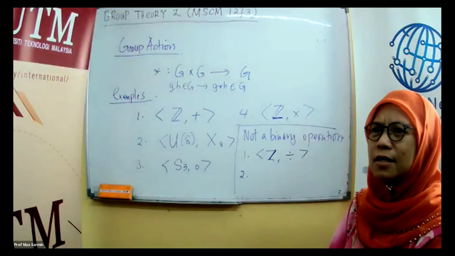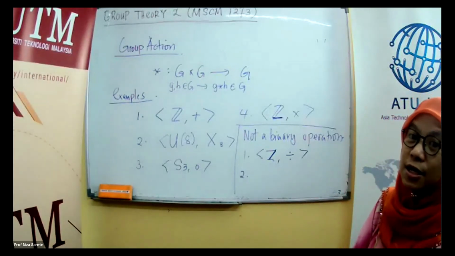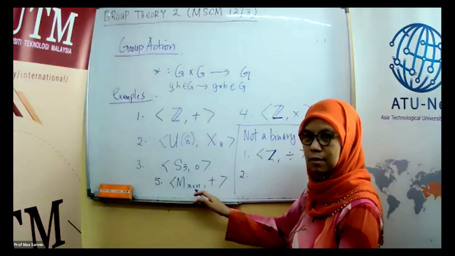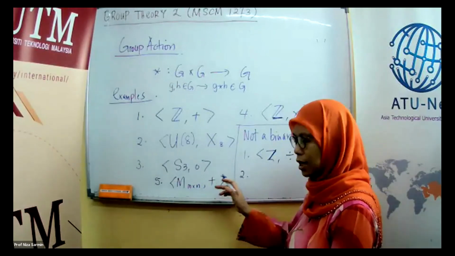Matrix under addition. Yes. That is under binary, right? No, because if not equal, the row with the column cannot be added. Meaning if it is the same n by n, then you can add. Yes.